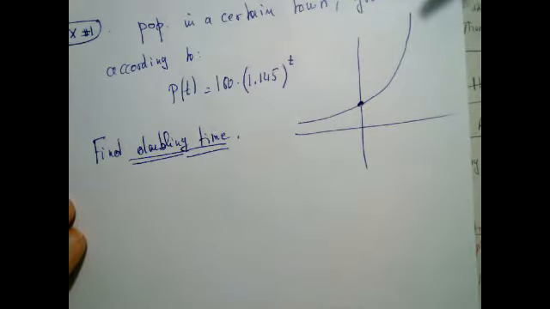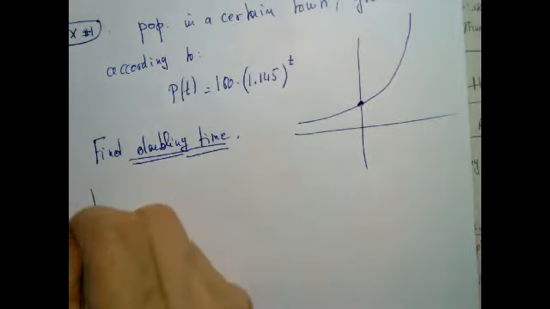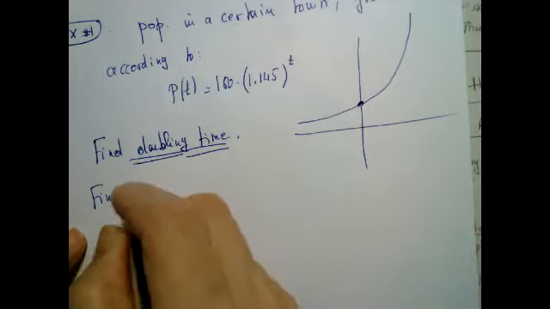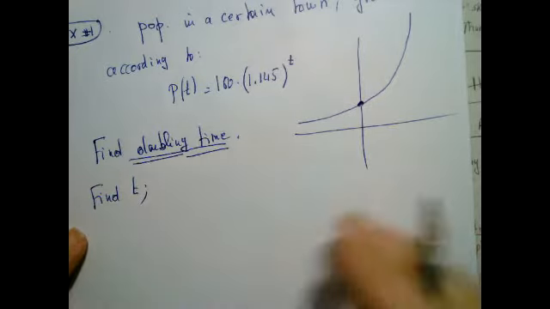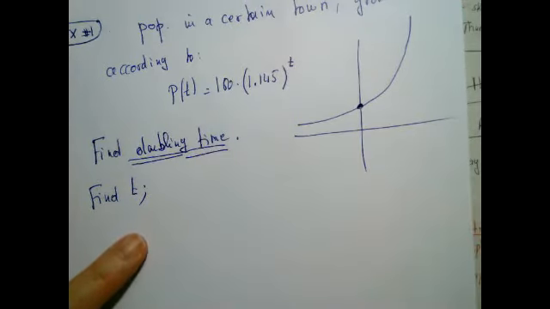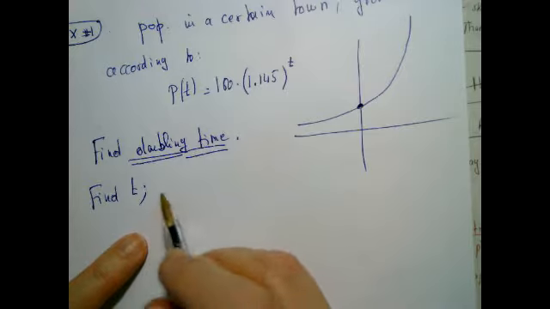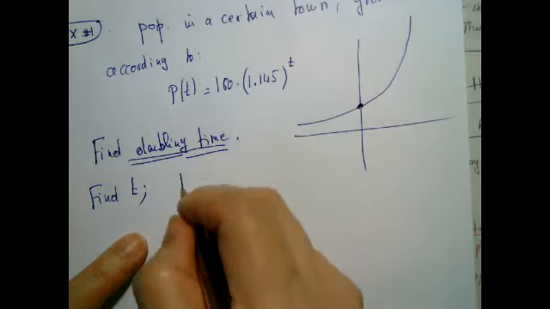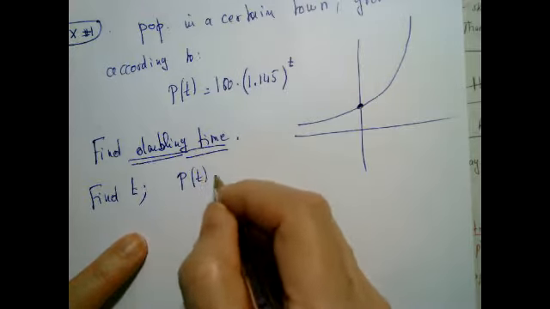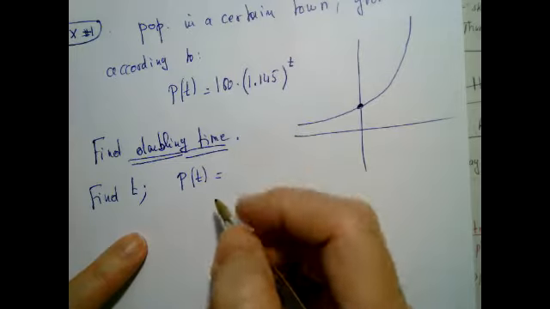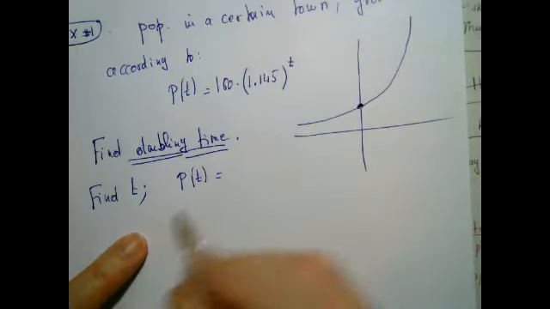Okay, I need to find the time, right, such that what? I want an equation such that the population is doubled.